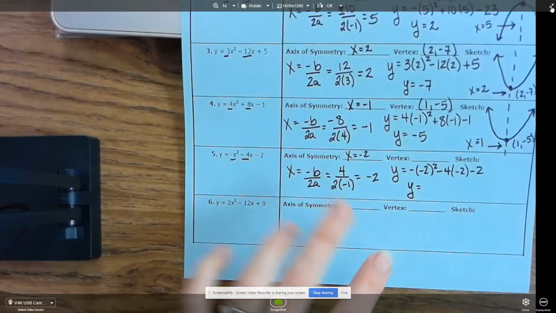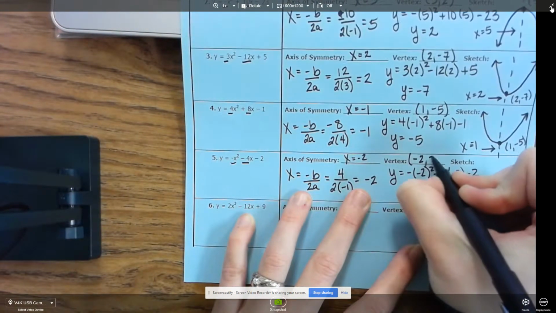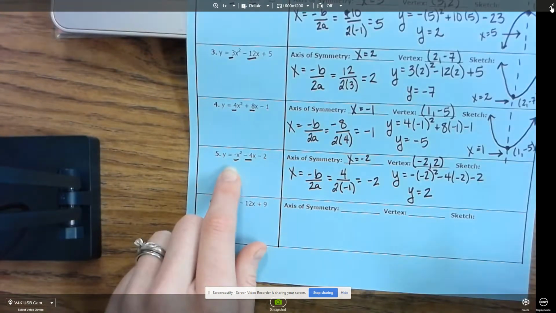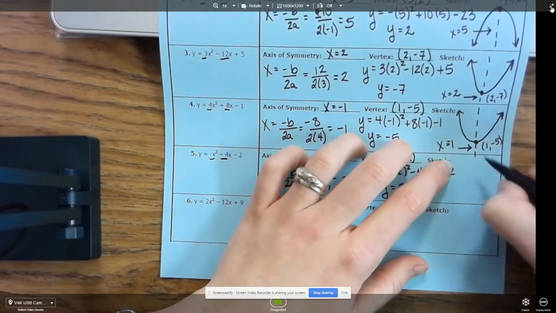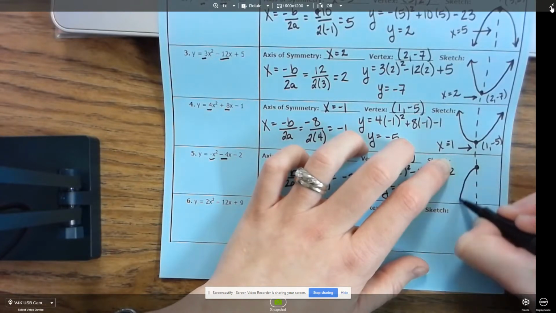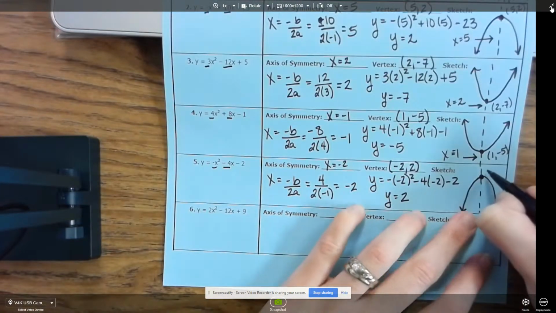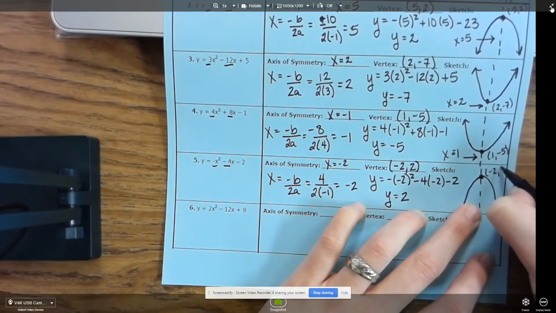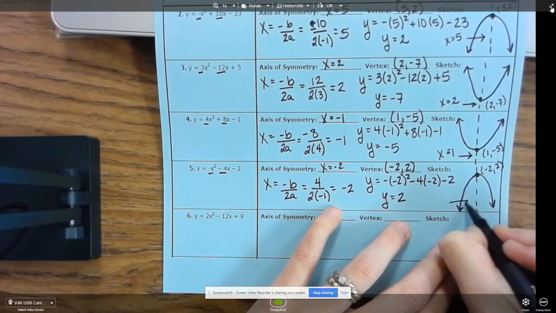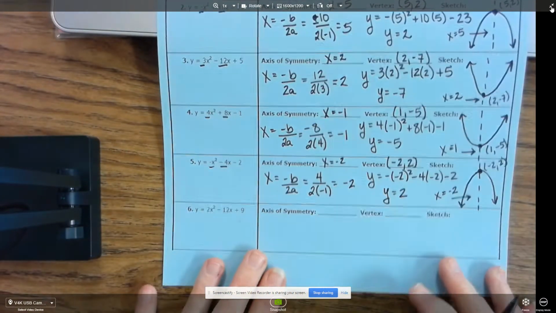My y would be +2. So my vertex would be at (-2, 2). Here we've got an a that's negative, so we're going to have a frown. It's going to go upside down. So this would be at (-2, 2), and my axis of symmetry would be x equals -2.